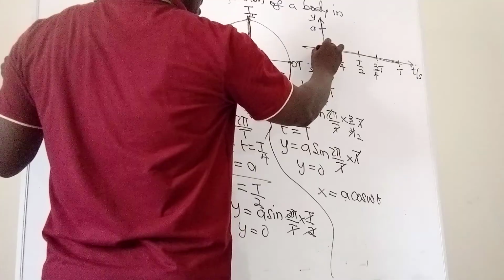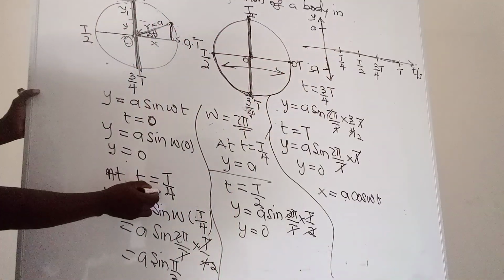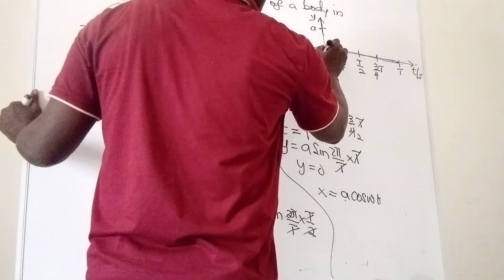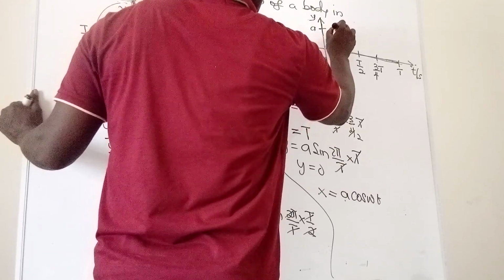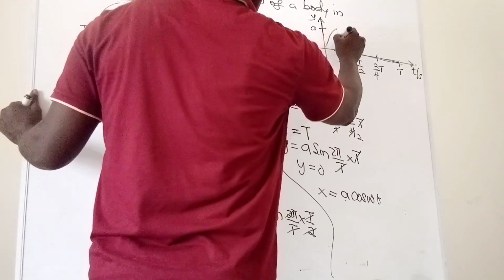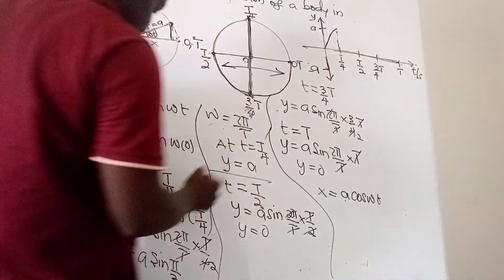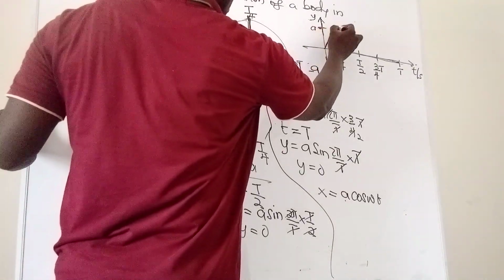So we start from here. Then at t is equal to T on 4, the displacement is y. So this graph will rise, and then at t is equal to T on 4, the displacement y is equal to the amplitude.